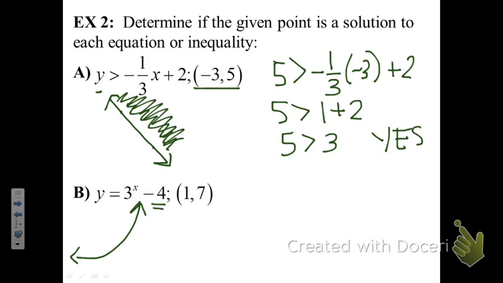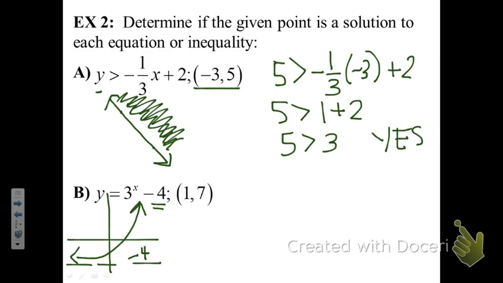This negative 4 says that it would approach the axis, negative 4 right here. Anyway, we're going to go ahead and put that in.